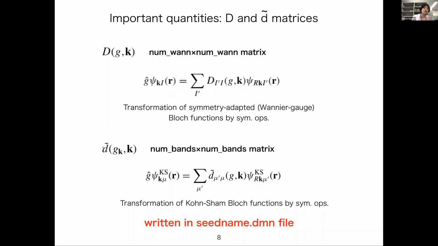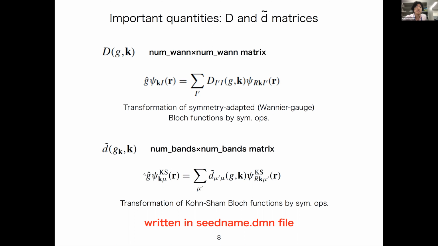On the other hand, this D tilde matrix has a size specified by the number of bands. This is related to the transformation of the Kohn-Sham Bloch functions by the symmetry operations. The Kohn-Sham wave function is given by the usual DFT calculations. It includes a random phase, for example a random global phase.